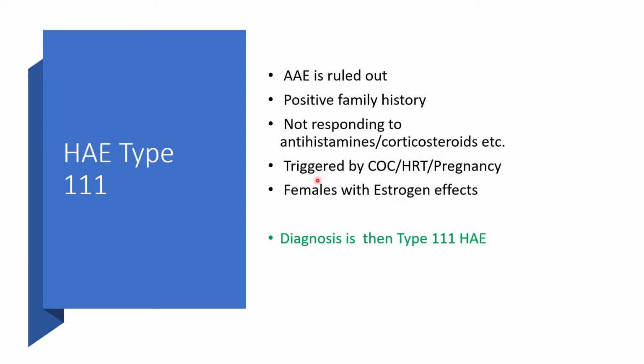Could be triggered by combined oral contraceptive, I've mentioned that, hormone replacement therapy, I've mentioned that, and pregnancy. Females. Ask me who will be pregnant before, if not females. With estrogen effects, of course, we know that. Then you can be comfortable enough to target and make the diagnosis as type 3 hereditary angioedema.